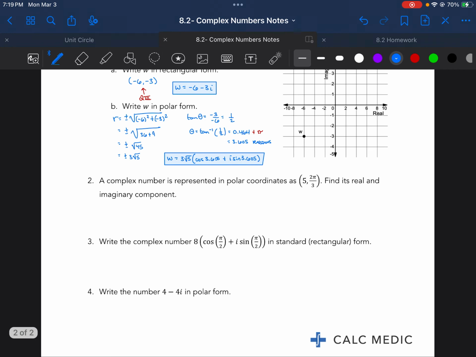Okay. Number 2, a complex number is represented in polar coordinates 5, 2 pi over 3. Find its real and its imaginary component. All right.